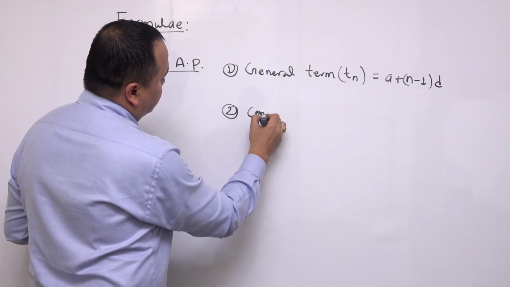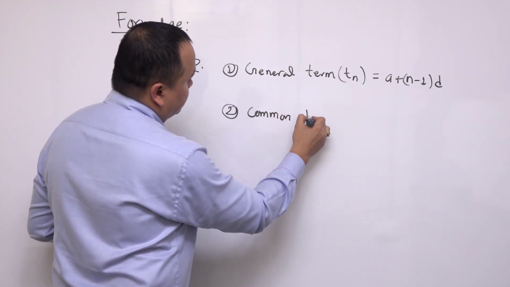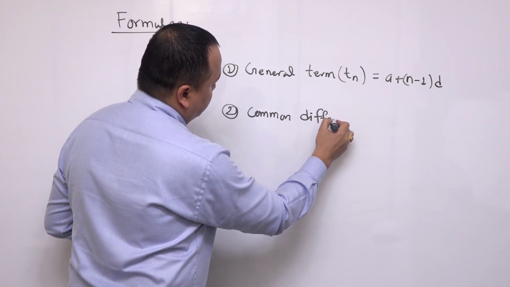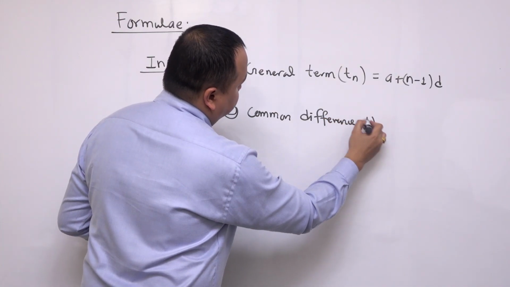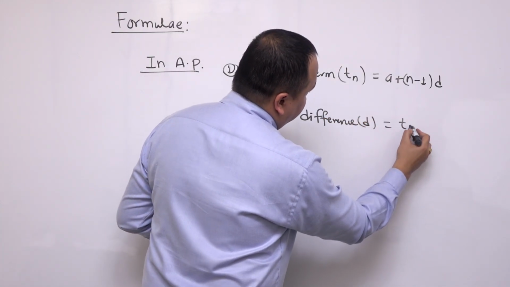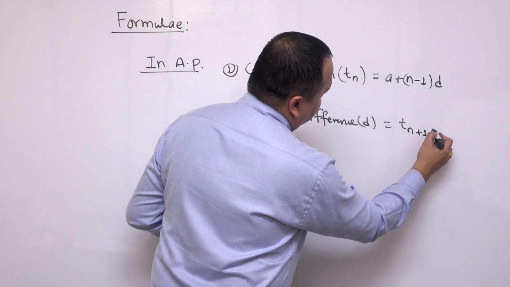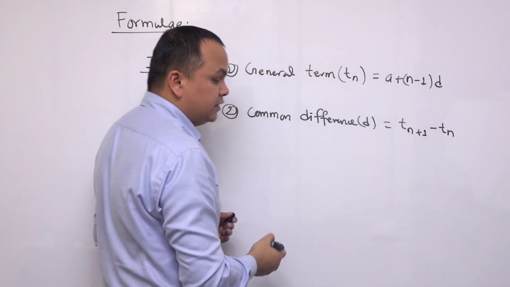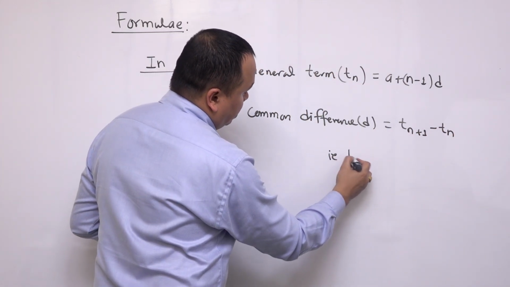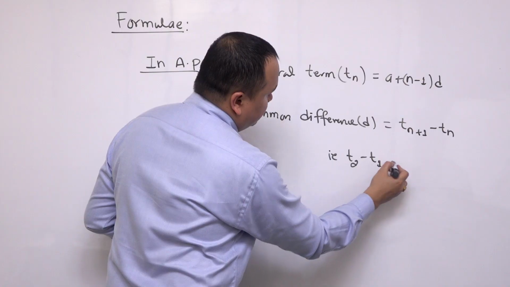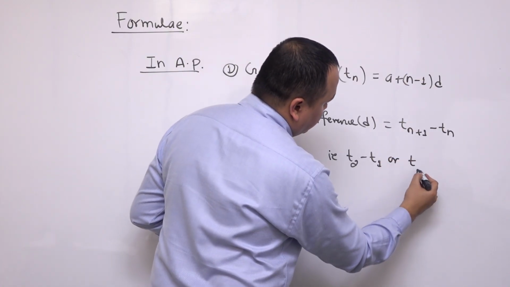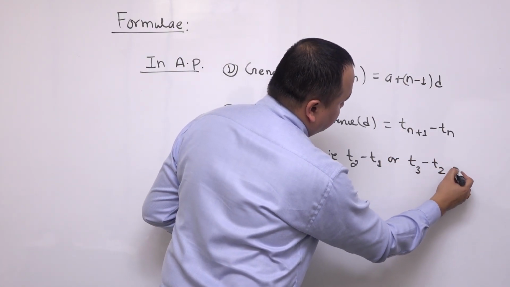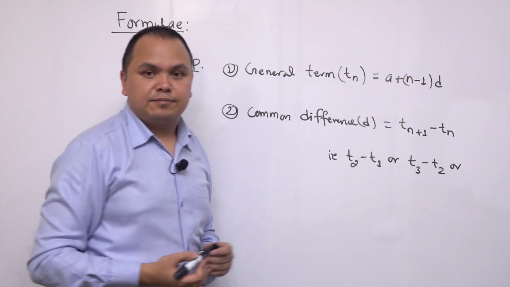B, the common difference d is Tn plus 1 minus Tn, that is T2 minus T1 or T3 minus T2 and so on.